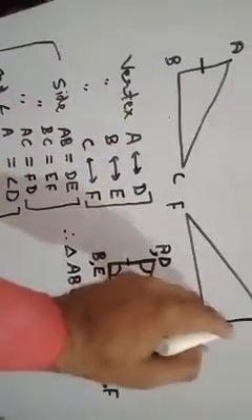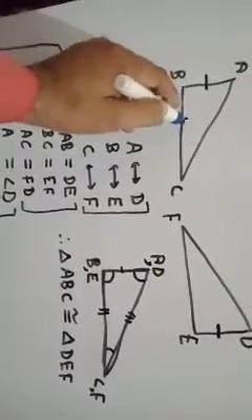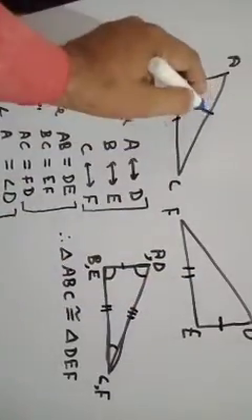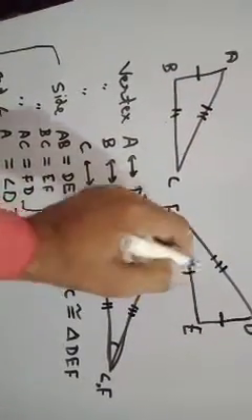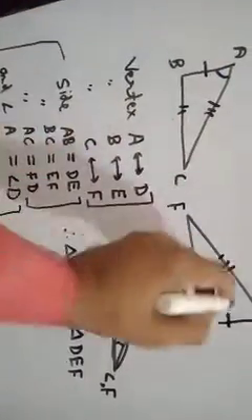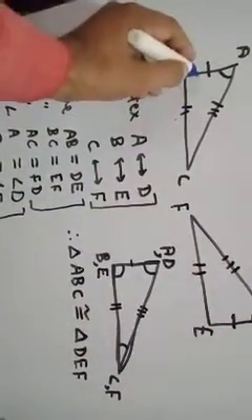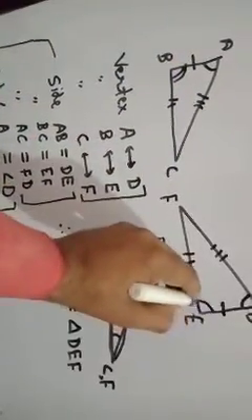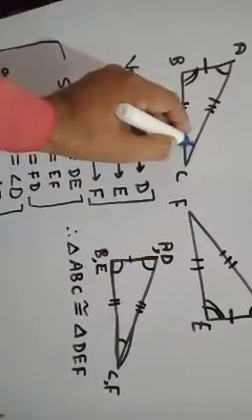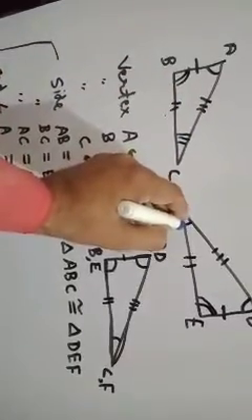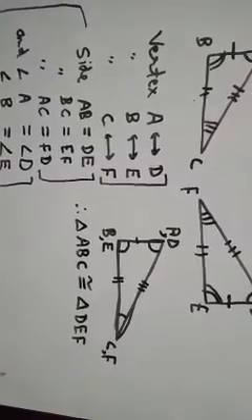AB is equal to DE, BC is equal to EF, and AC is equal to DF, and angle A is equal to angle D, angle B is equal to angle E, and angle C is equal to angle F. So student, I hope you will understand the congruency rule of triangles and the full form of CPCTC.